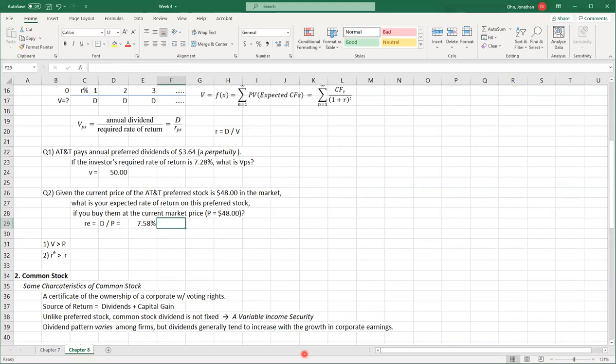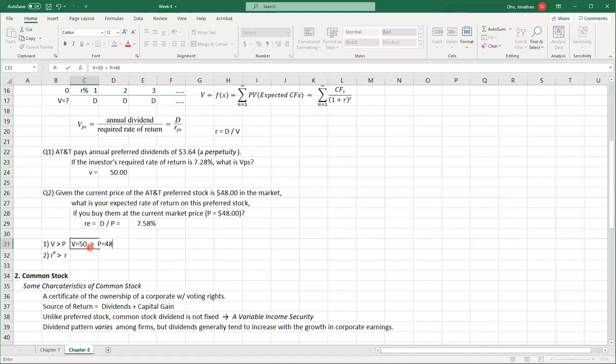Now, we know this is a somewhat attractive stock. How did we know? Look at this. Intrinsic value V was 50, and P is $48.